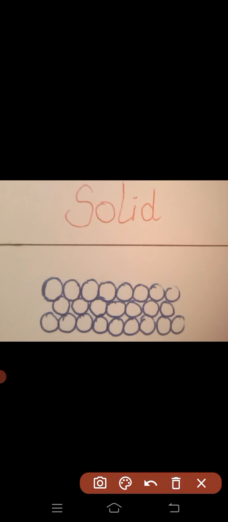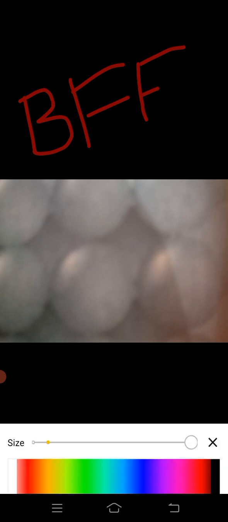Now I'm going to tell you, you might call these molecules of the solids our best friends. Only for our understanding we can call them that, right? They are best friends.